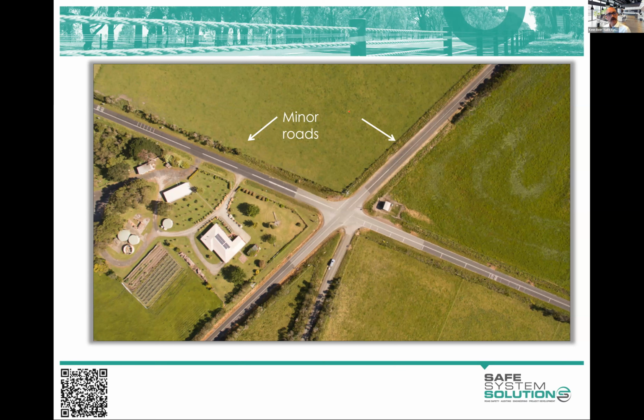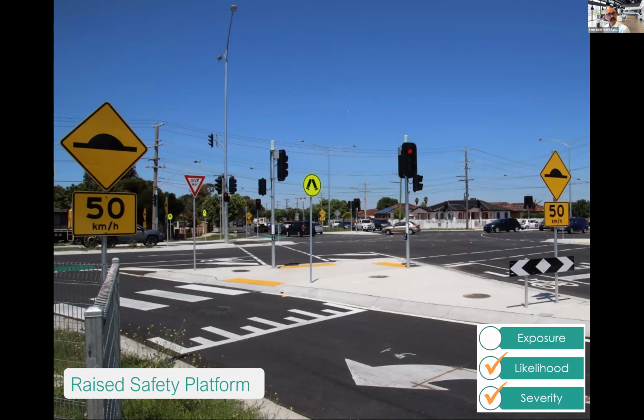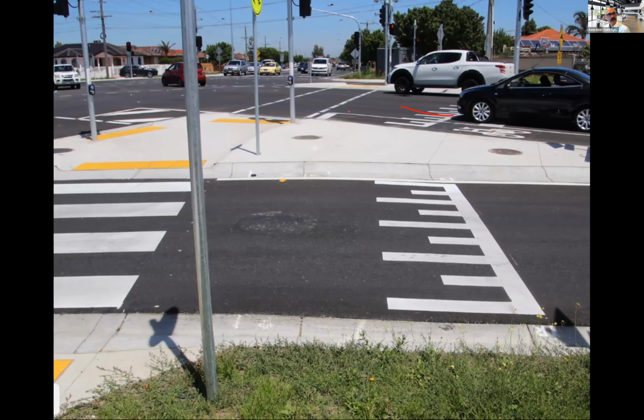I just wanted to throw this one in there. We were talking about the size of roundabouts. I think this is an interesting example here where, again, a safe system assessment really assisted. Oh, actually, I just want to say something. I'm going to go back. This intersection is pretty exciting for me in the sense that it used to be a roundabout, Dalton Charles.